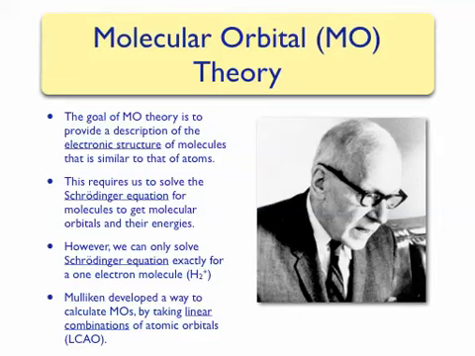Mulliken's theory, molecular orbital theory, takes linear combinations of atomic orbitals to calculate molecular orbitals and determine their energies. We talked about linear combinations when we talked about hybridization. However, in molecular orbital theory, we take linear combinations of orbitals that are on different atomic centers.